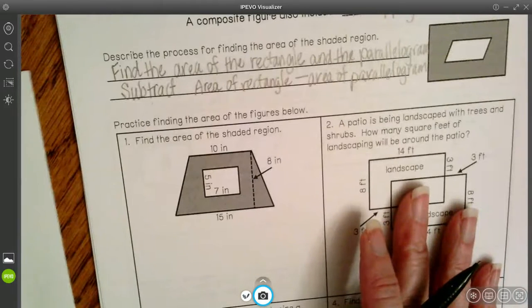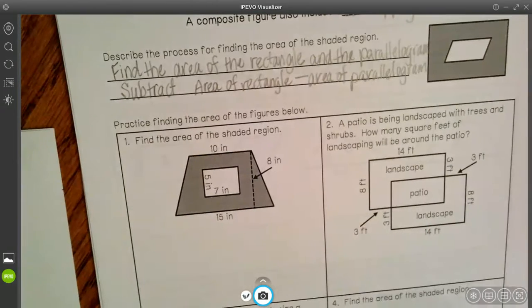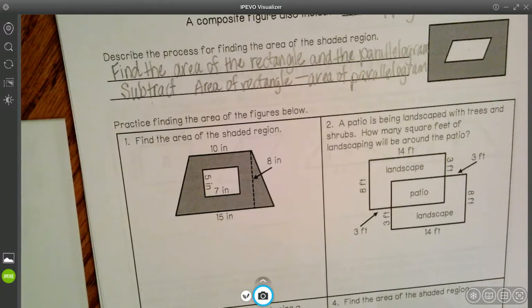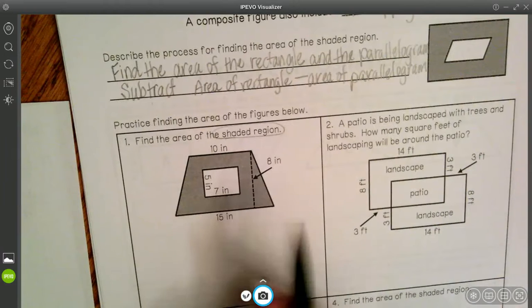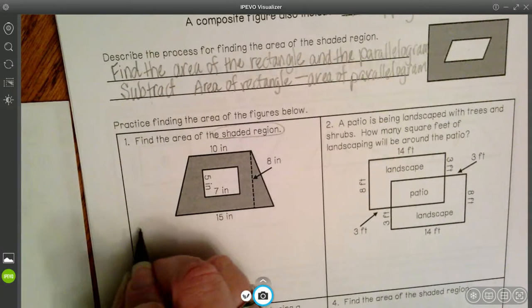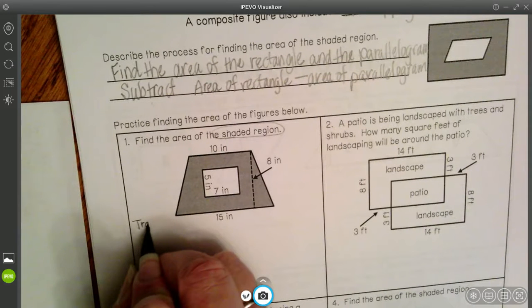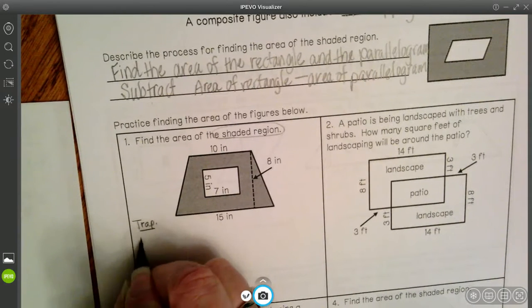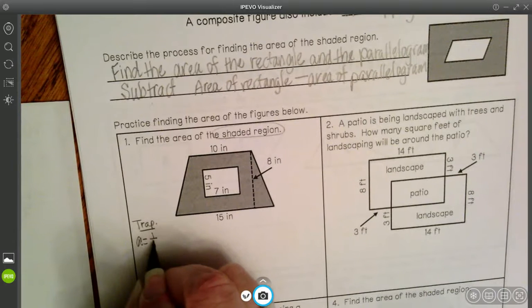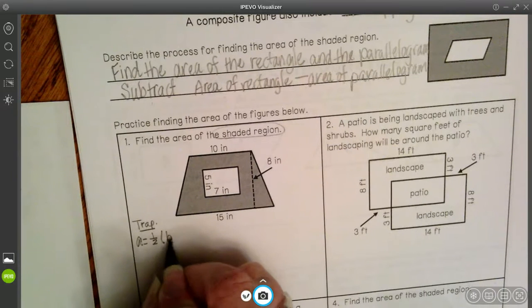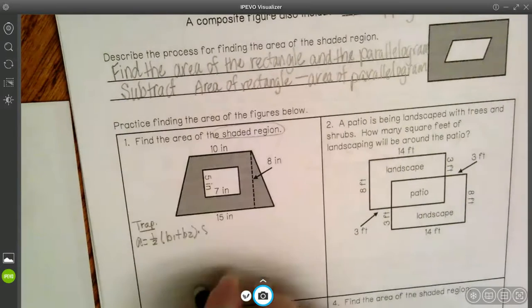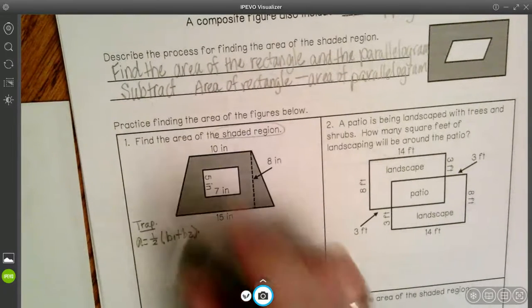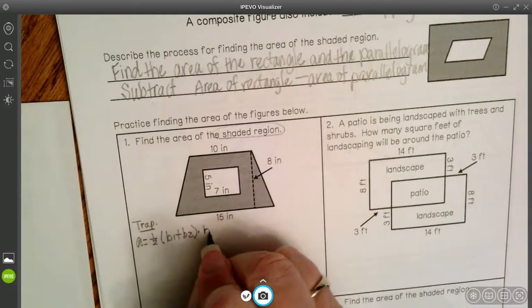Okay, so on the first one, we have a trapezoid and a rectangle, and we want to know the area of the shaded region. So that's just this part right here. So first of all, we need to find the area of the trapezoid. Okay, and we're going to use our formula. Area equals 1/2 times base 1 plus base 2 times the height, which will be 8, but in this case we need h right here.